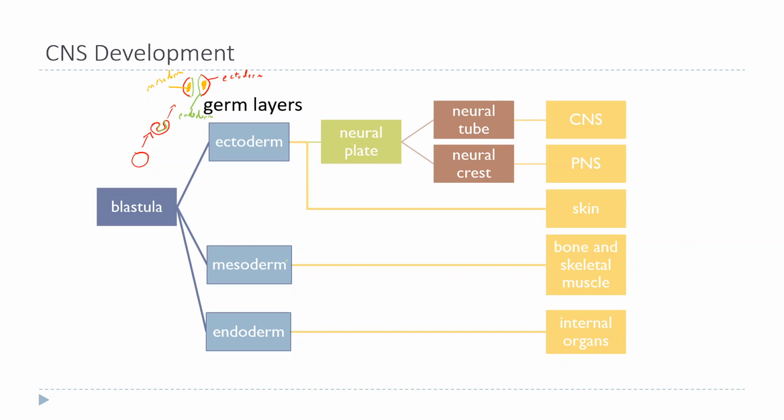The mesoderm eventually develops into most of the structural parts of the body, so things like bone and muscle, but also things like the heart and kidneys as well, and parts of the reproductive system. Meanwhile, the ectoderm forms mainly two structures. One is just the outer layer of the body itself. So for us, that means the skin and all of the connective tissue associated with the skin.